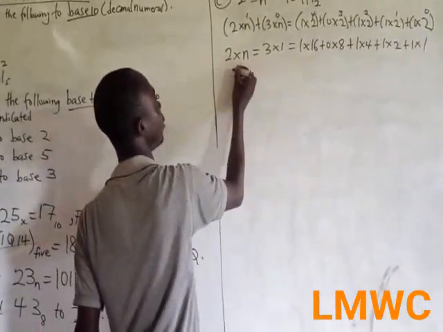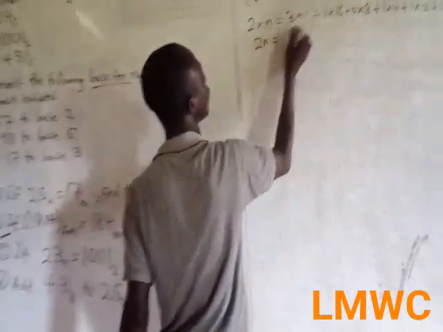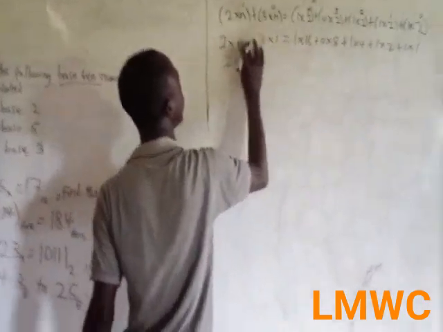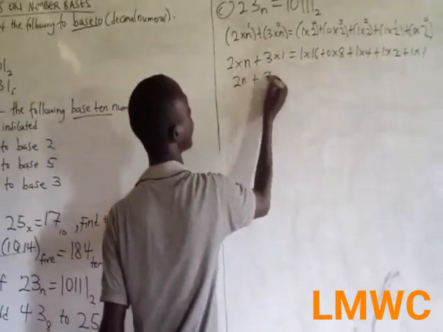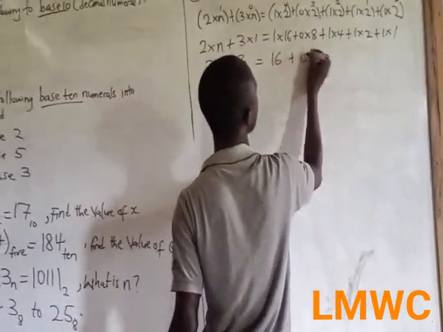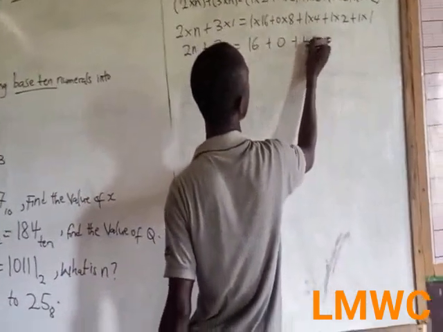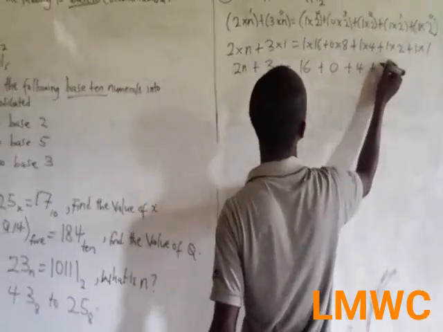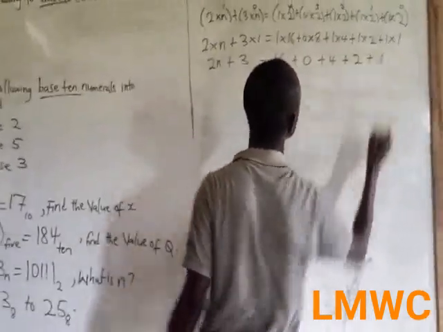So 2 times n is 2n equal to 3 times 1, 3. Sorry, this is plus equal to 1 times 16 is 16 plus 0 times 8 is 0 plus 1 times 4, 4 plus 1 times 2 is 2 plus 1 times 1, 1.